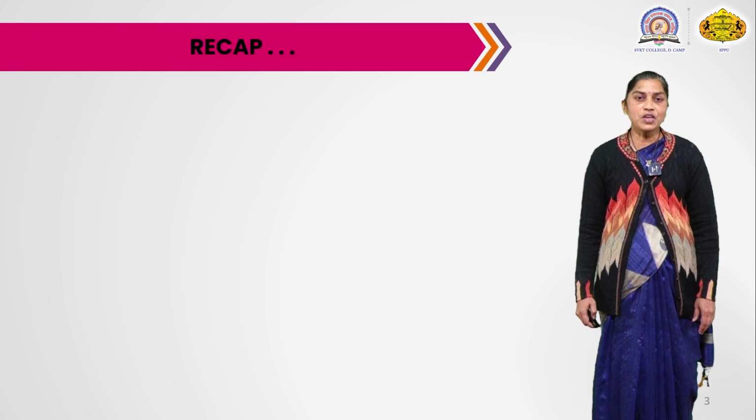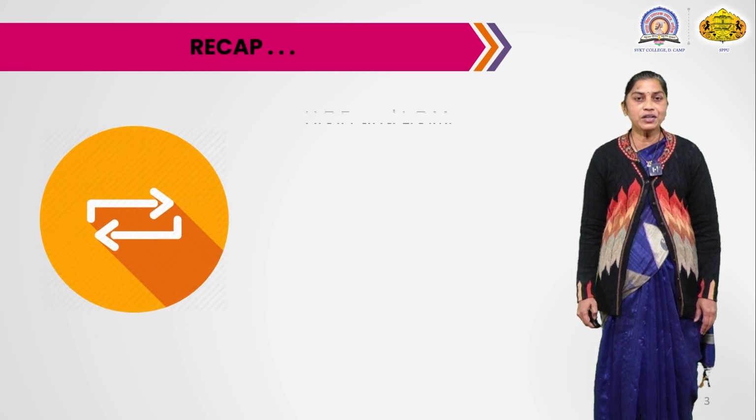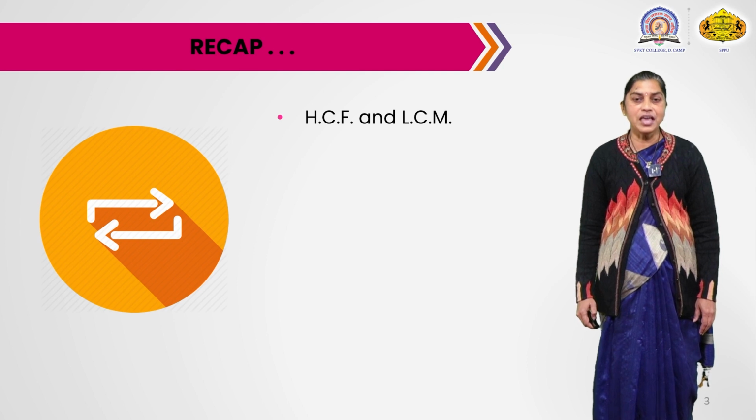In our Business Mathematics and Statistics, we are going to start with the first chapter, that is interest and annuity. Before going to this chapter, we have started with introductory concepts, that is HCF, highest common factor, and least common multiple, that is LCM.